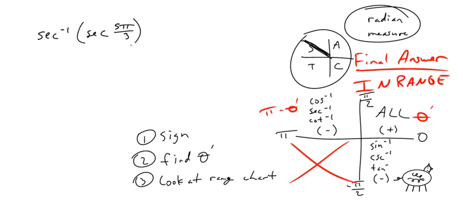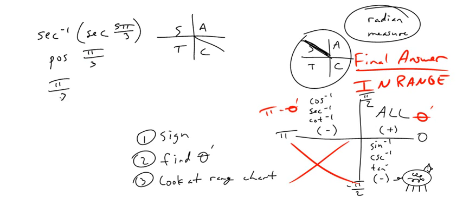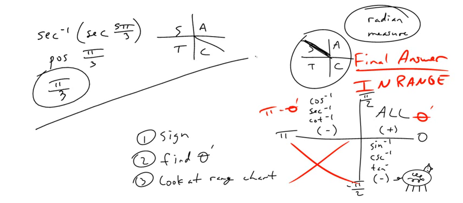All right, 5 pi over 3 is over here. Do you guys agree this goes with cosine, so it's positive? All students take calculus, so it's positive there. And what's the reference angle? Pi over 3. So what's the answer? Pi over 3. You almost didn't even need to know anything about secant. You just have to know that we're talking about cosine, and then it's where it's positive. That's really easy.